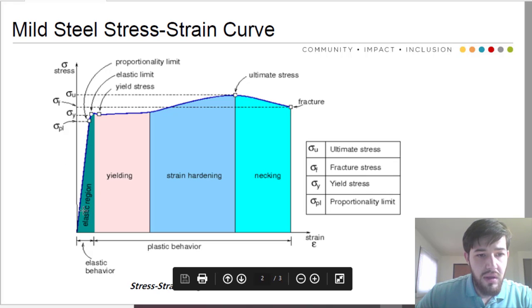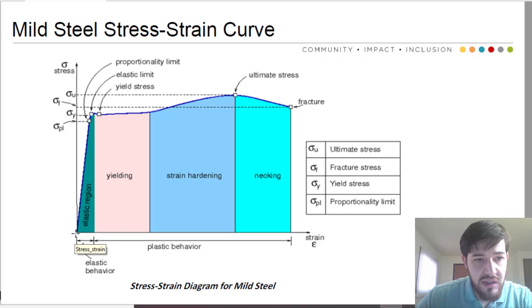First of all, if we take a look here at the elastic region, we can see that the relation of stress and strain is a linear one, and that means that the steel alloy can be returned to its original state without any permanent deformation in this zone.